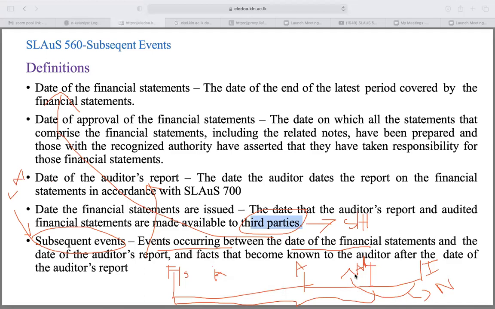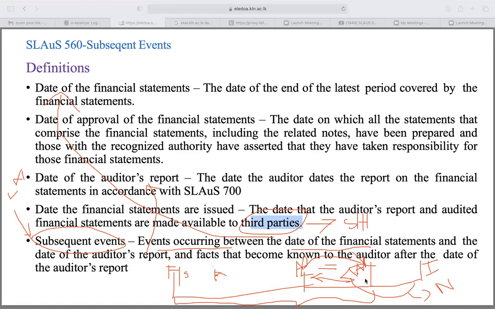Right. As I mentioned before, most of the time the audit report date and the authorization date are the same, to mitigate the primary risk that the auditor needs to face because of this time gap.